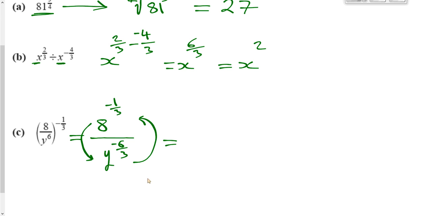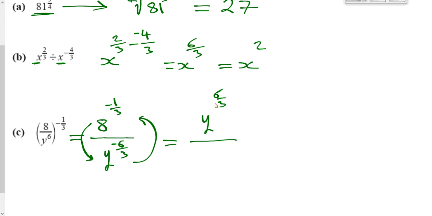And there you'll see that by taking the reciprocal, our exponents take the opposite sign, which in this case is going to be positive. So I'll end up with y to the power of 6 over 3. We've taken the reciprocal, so we don't need that negative there. Now it's become positive.